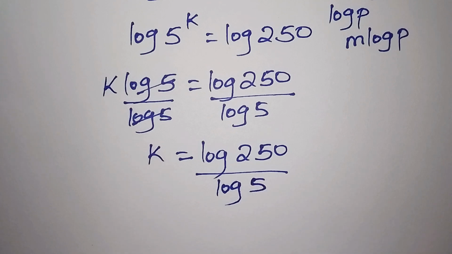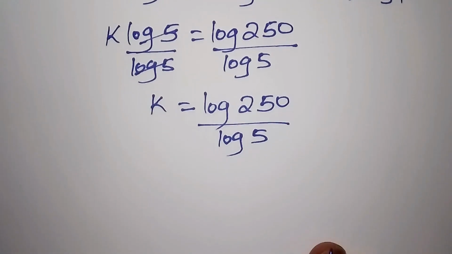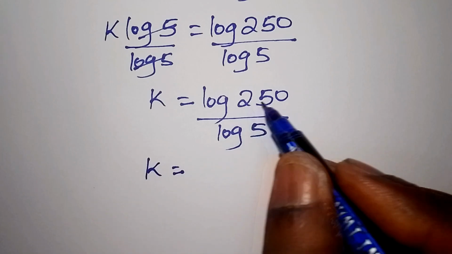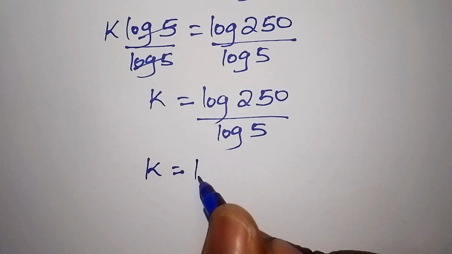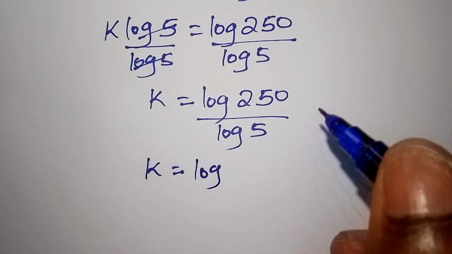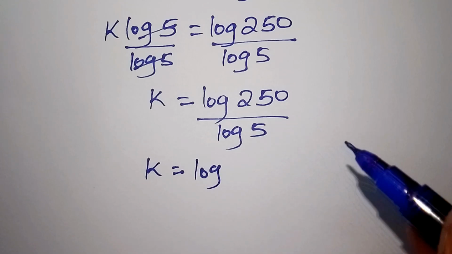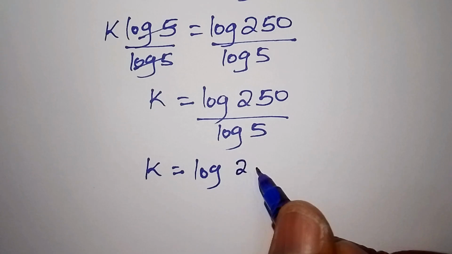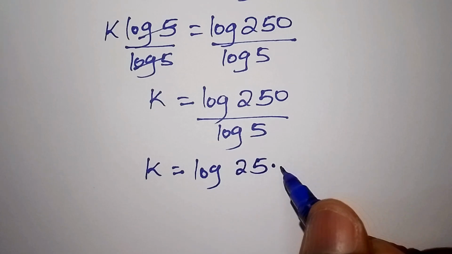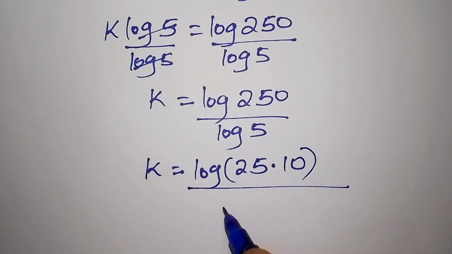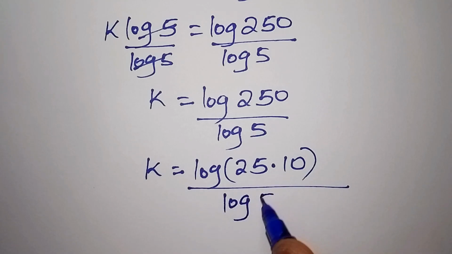We can move ahead and simplify it further, so k is equal to the log of 250, which can be written as the log of 25 multiplied by 10, all over the log of 5.